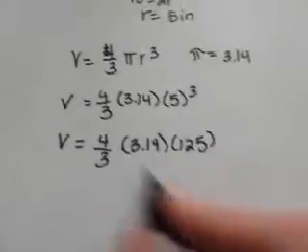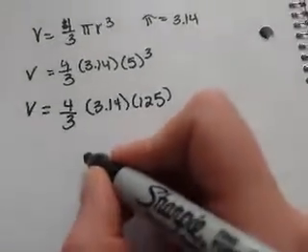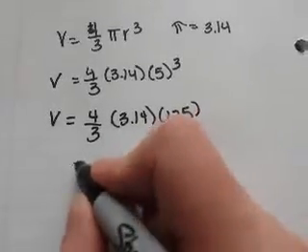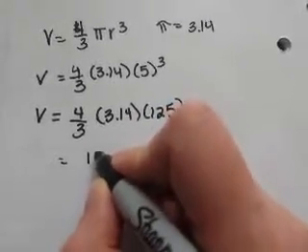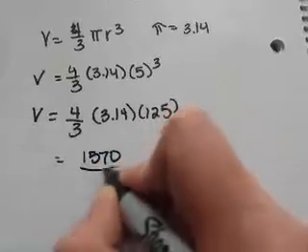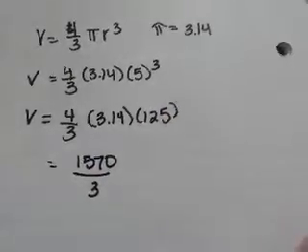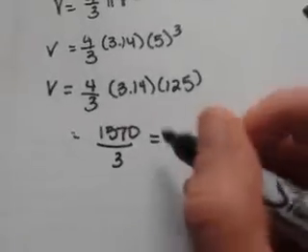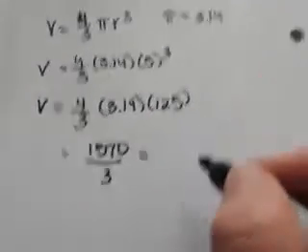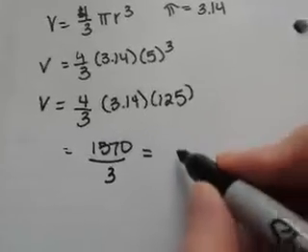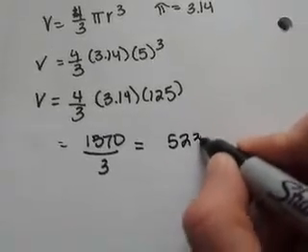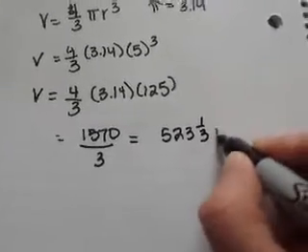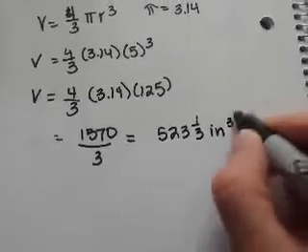When we multiply everything in the numerator, 4 times 3.14 times 125, we get 1,570 all over 3. And when we divide 3 into 1,570, again, it's not even. We'll make it a mixed number. We get 523 and 1/3 inches cubed.